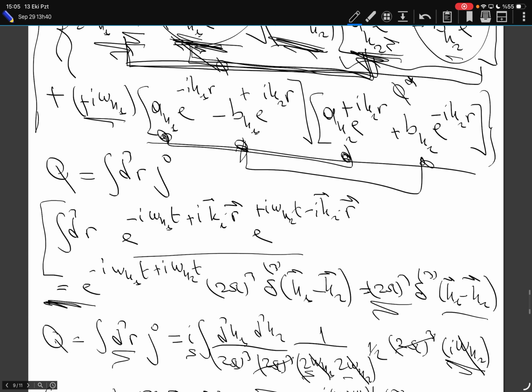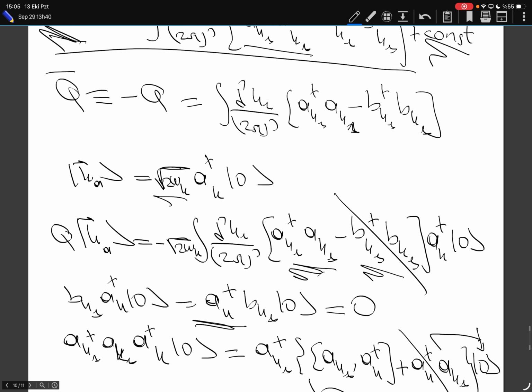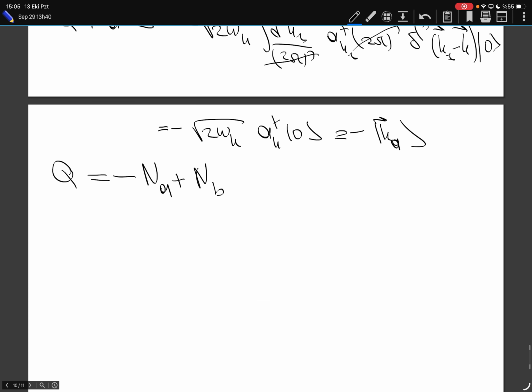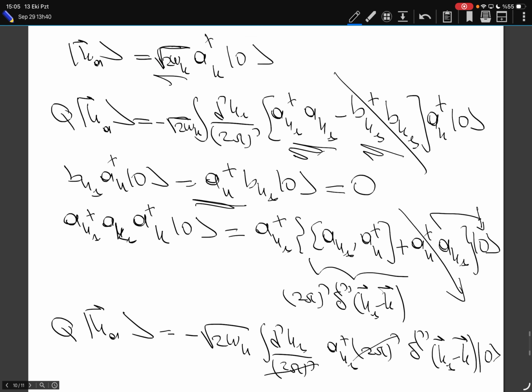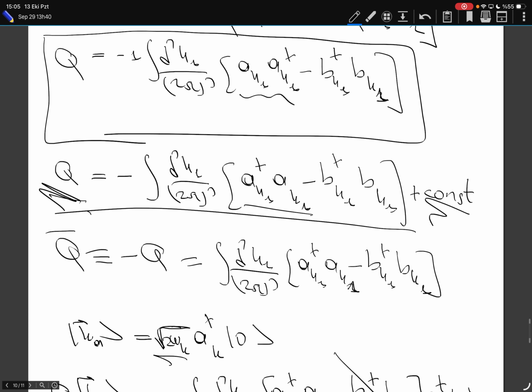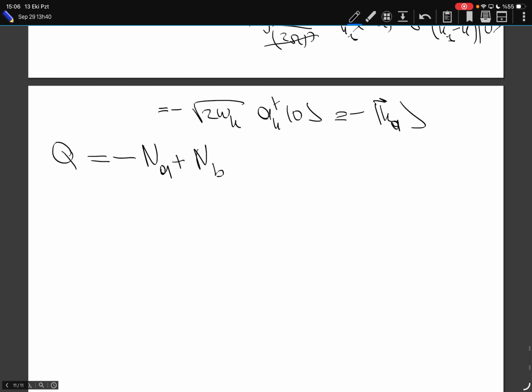Now we know one difference between those two fields, the A kinds of fields and B kinds of fields. They have different charges. With this definition of charge, with this minus sign, which conventionally doesn't exist there, A type fields have a charge -1 and B type fields have a charge +1.